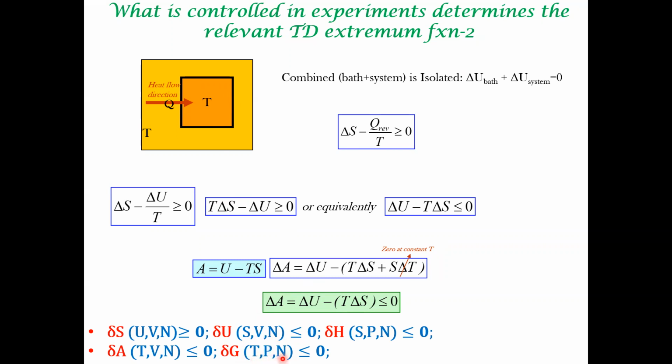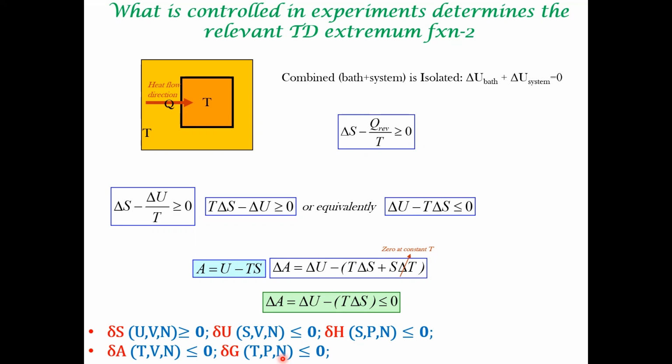Okay. So between the previous slide and this slide, what have we accomplished? We have accomplished that corresponding to different ways of doing an experiment, there are different thermodynamic functions, thermodynamic state functions, thermodynamic potentials that are natural to the system.